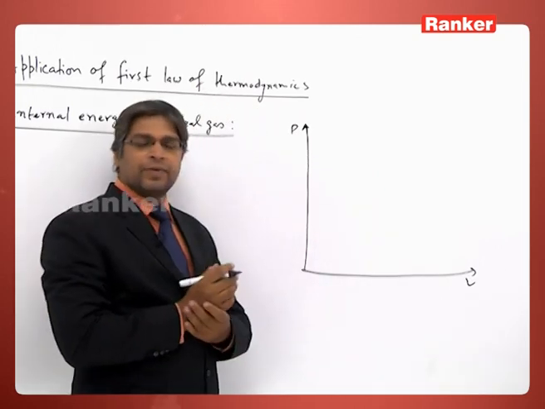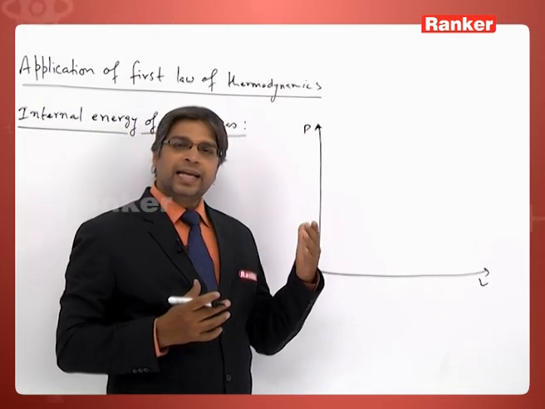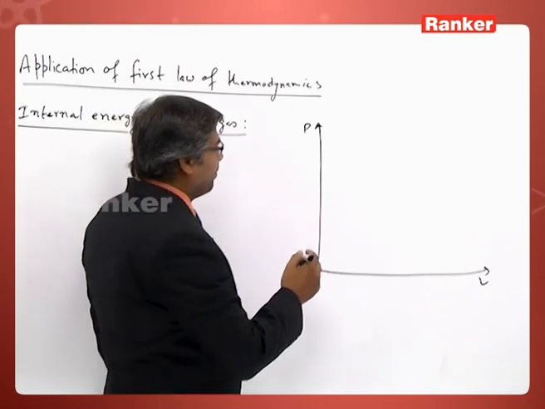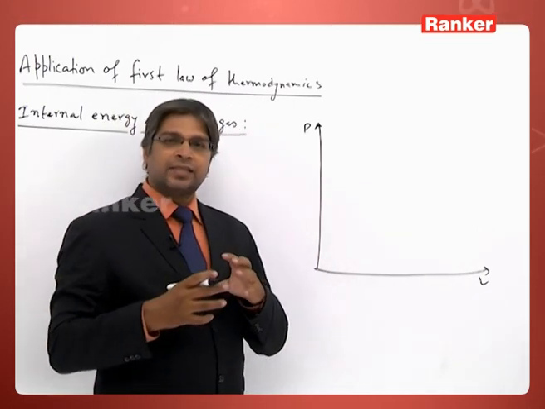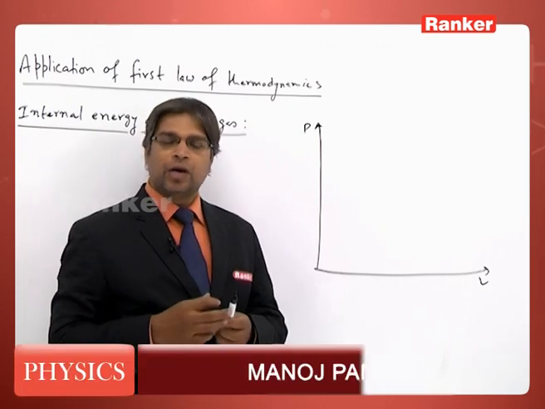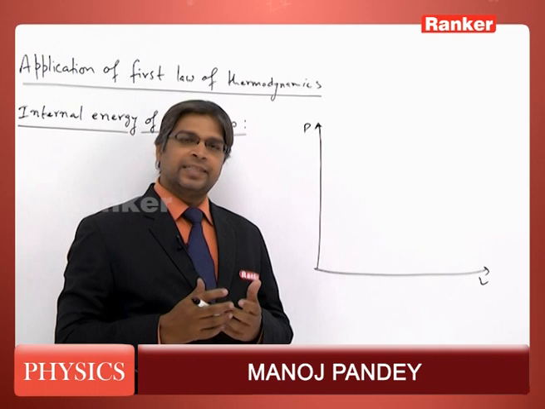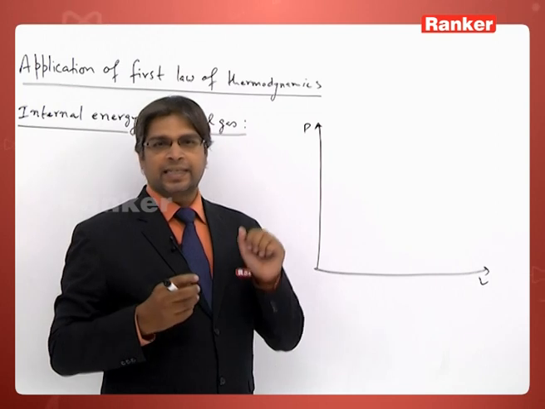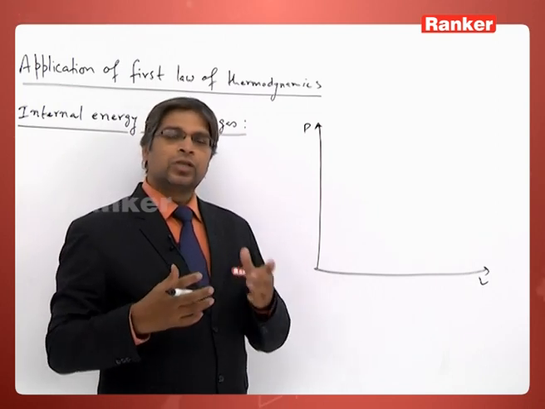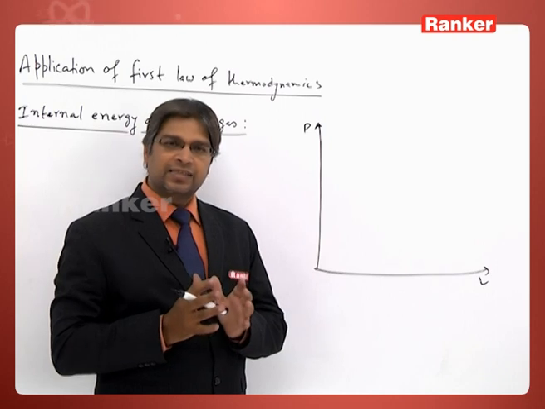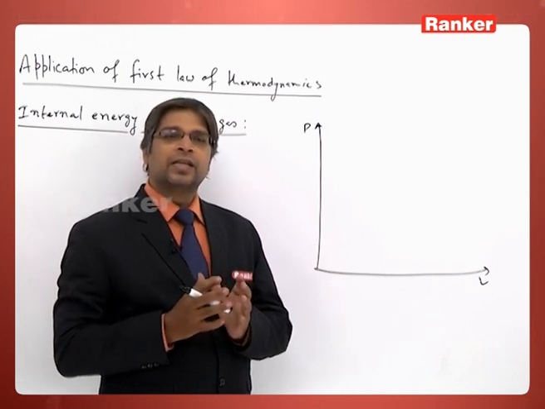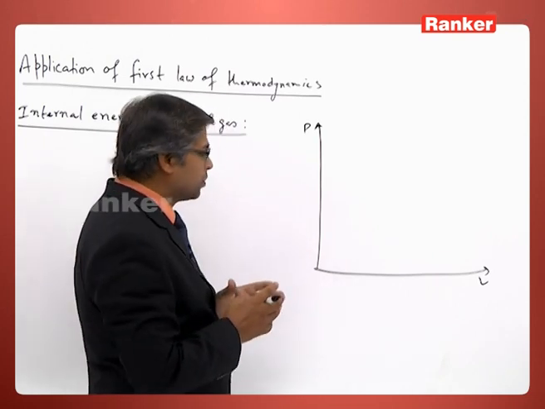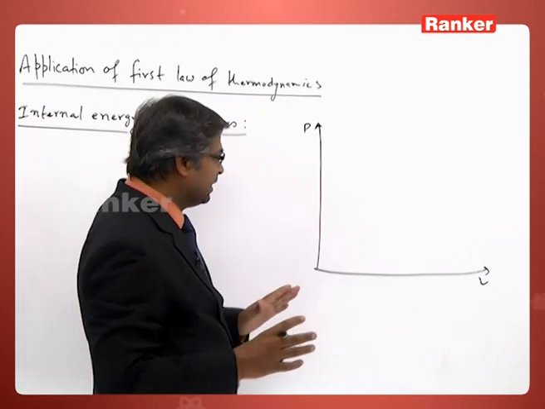From the kinetic theory of gases, we know that the internal energy is a function of temperature, because temperature is directly related to the average kinetic energy of molecules, and according to kinetic theory, the molecules do not possess any energy other than kinetic energy. So there is no potential energy. Whatever internal energy the gas has is because of the kinetic energy of molecules. So it is directly related to temperature. If temperature is constant, there is no change in internal energy.